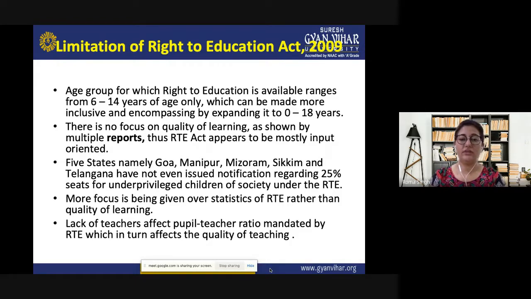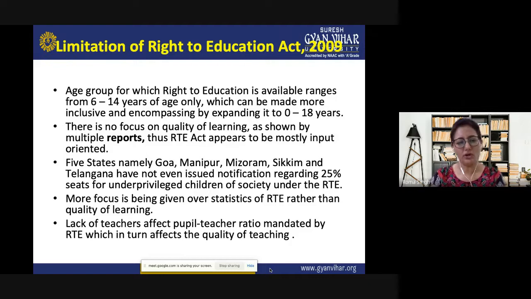So we can also quote examples from 5 states like Goa, Manipur, Mizoram, Sikkim, and Telangana. They have not even issued a notification regarding the 25% seats for underprivileged children of society under the RTE.